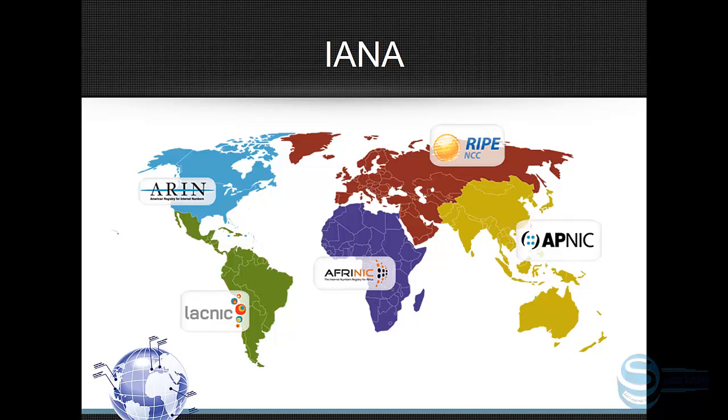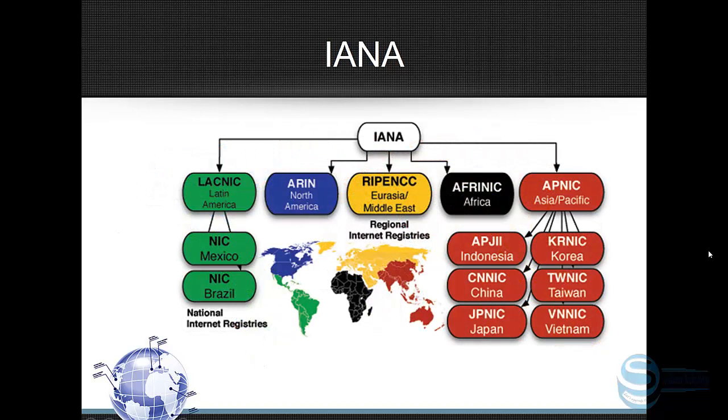IANA distributes IP addresses to these sub-branches, and these sub-branches also have their own sub-branches, like in this picture you can see. ARIN has several other sub-branches, and these sub-branches get the IP addresses and distribute them to our local ISPs, internet service providers, and then from ISPs we can get the IP address.